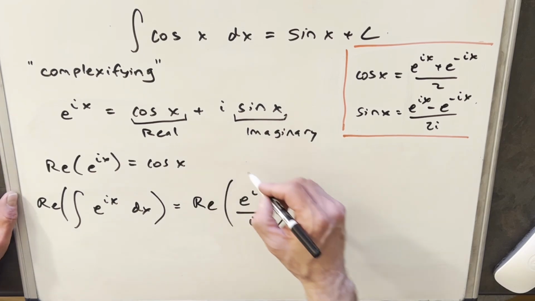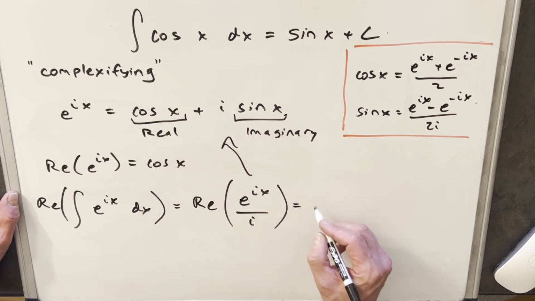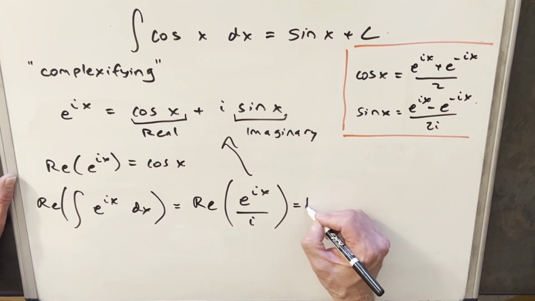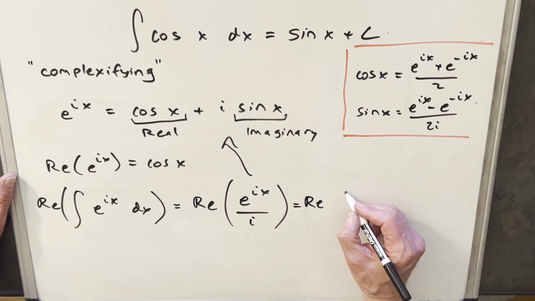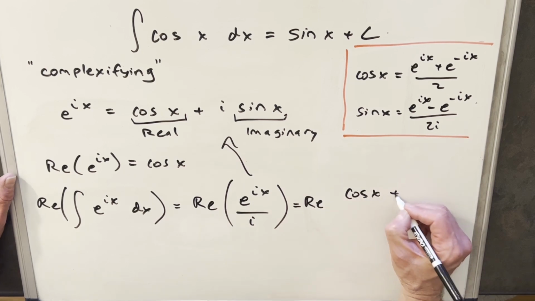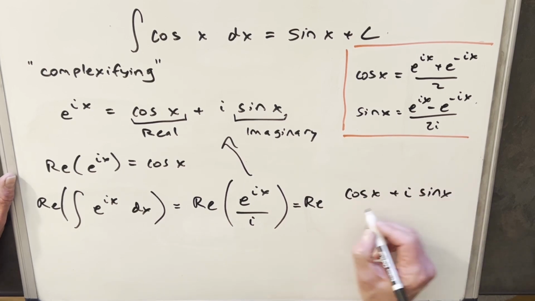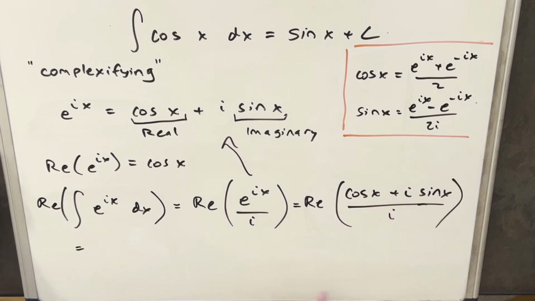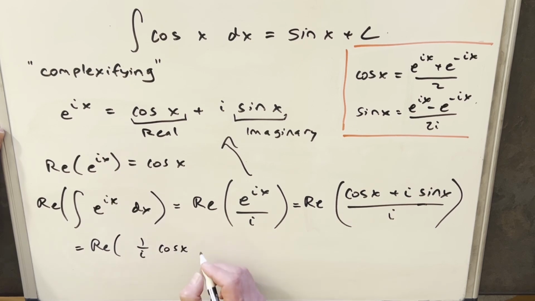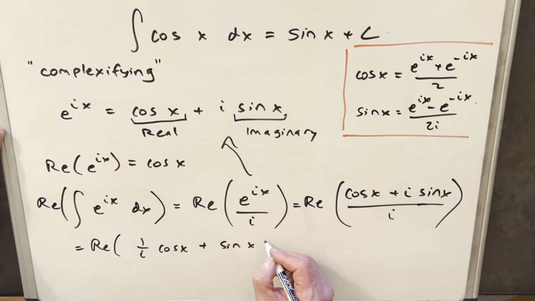But again, this is just Euler's formula right here, e^(ix). We want the real part, so we bring back Euler's formula, cosine x plus i sine x, but don't forget this i. Then dividing through by this i, we have 1 over i times cosine x plus sine x, as the i's cancel there.